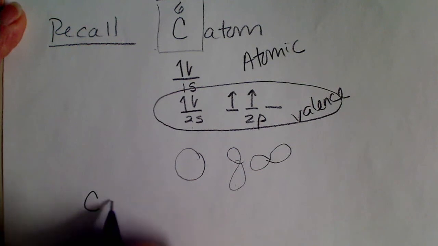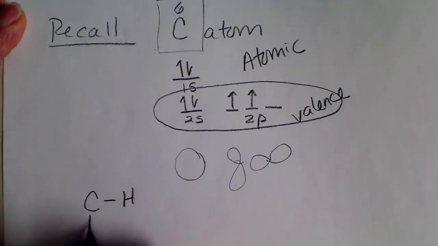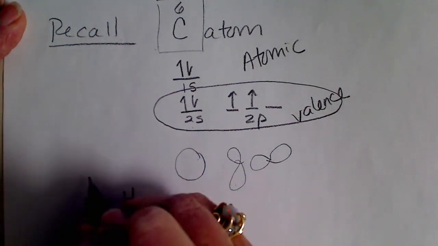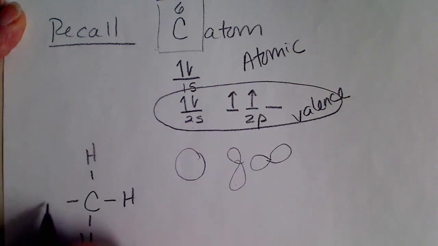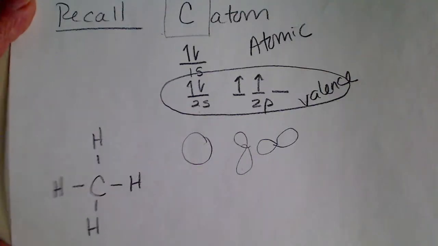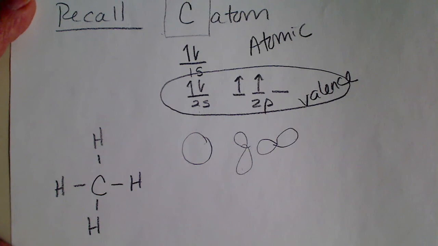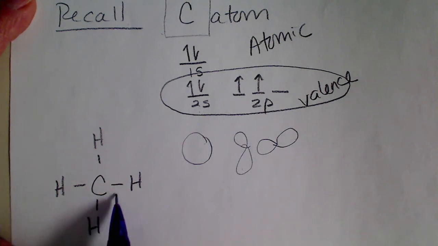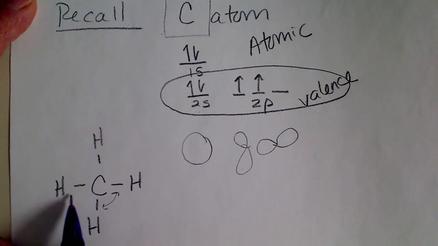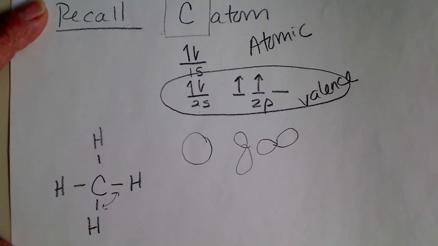For example, methane, the simplest hydrocarbon, CH4, if we draw this dot structure, the dot structure and the electron repulsion, those theories help us discuss the shapes of the molecule.